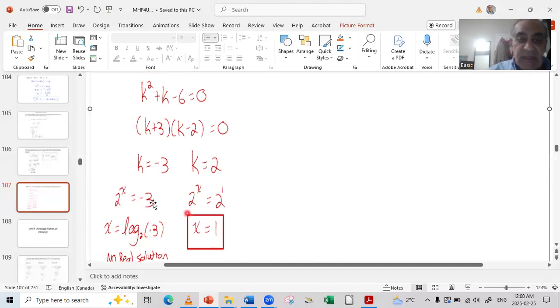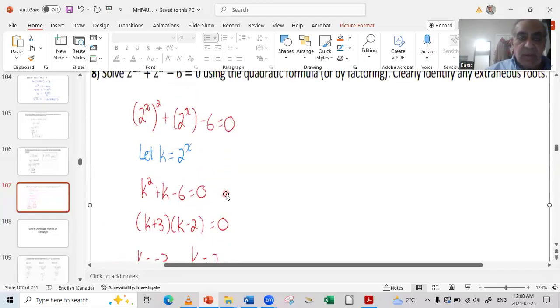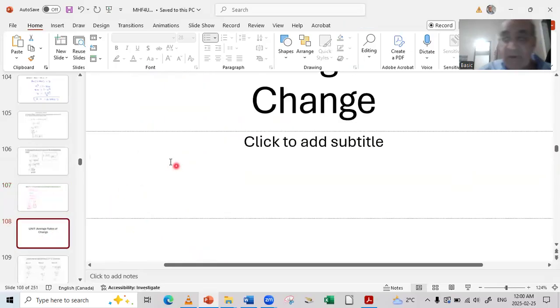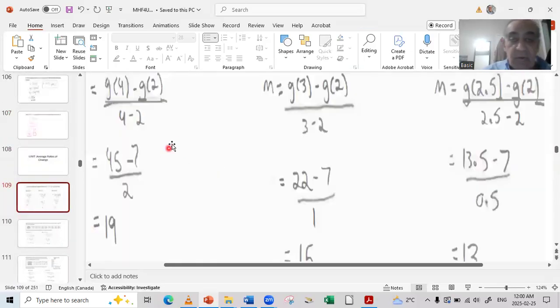So I have to take the other option, when k minus 2 equals 0, which means that k will equal 2. So here I can say that x will equal 1. The idea is using the factoring to factor this example and then go through it.